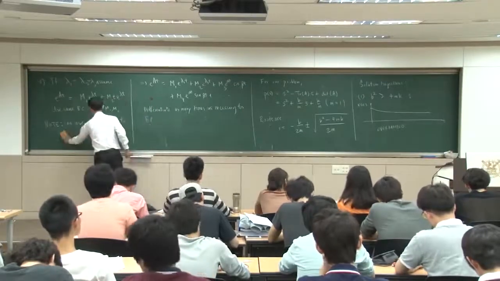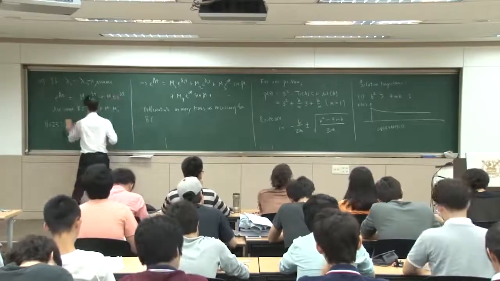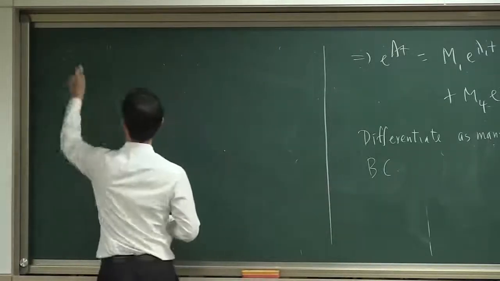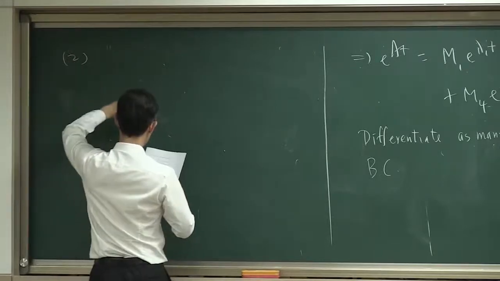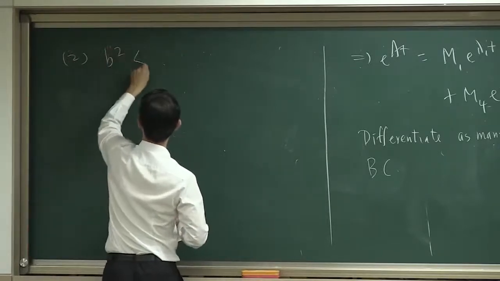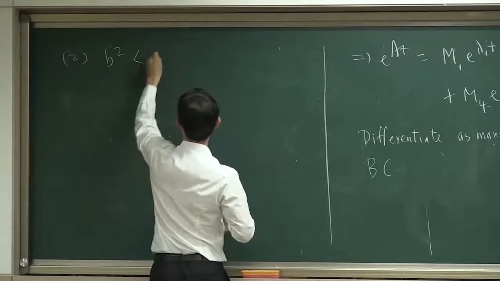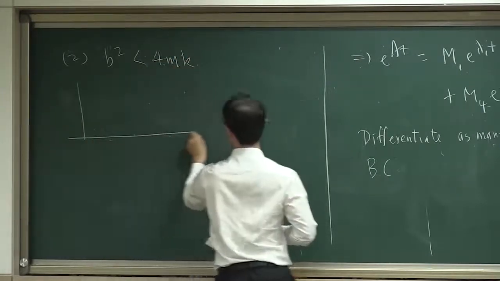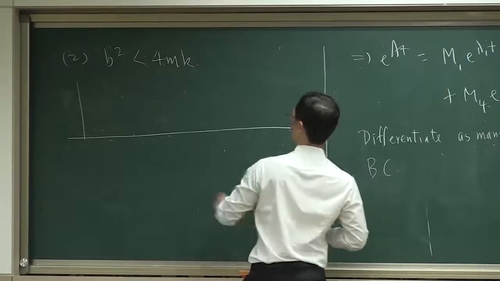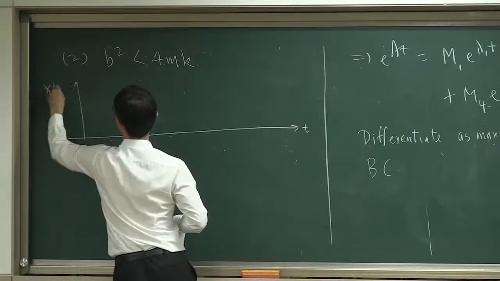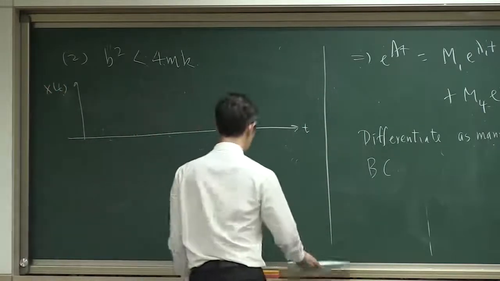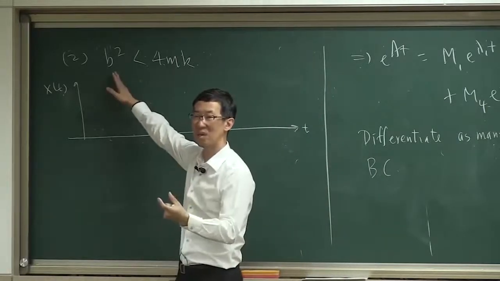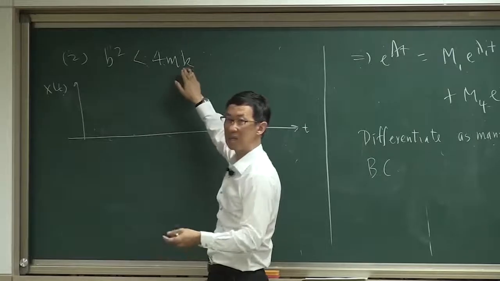Now let's look at the other two cases. Second case, let's assume the other way. b squared this time is less than 4mk. If we draw a graph of this situation, here's time t, here's x of t. This is the case when frictional forces are dominated by spring forces.